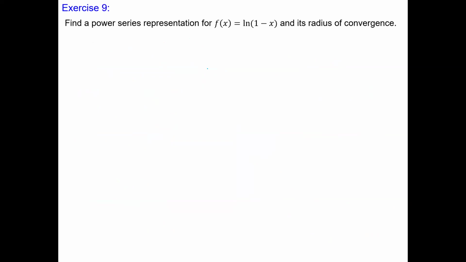Find the power series representation for the function natural log of 1 minus x and its radius of convergence. We definitely see that this function doesn't look like a rational function. But since this is the only tool for us today, we have to figure it out. We know the power series representation for rational functions, and that's the only tool.